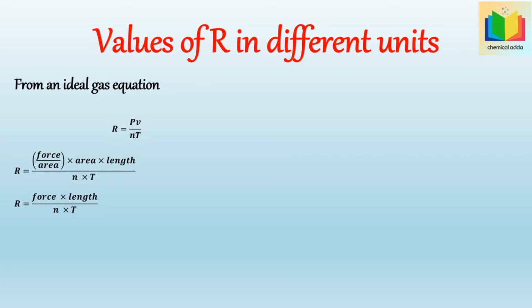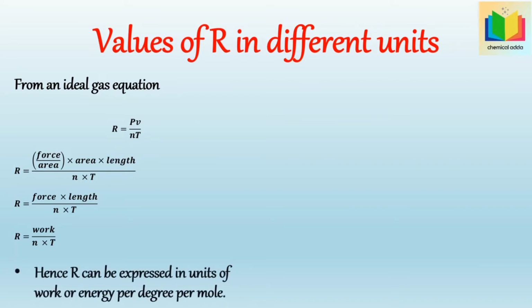As we know, force into length is nothing but work. Hence we can write R is equal to work divided by NT. So, R can be expressed in units of work or energy per degree per mole, while the actual value of R depends on the units of pressure and volume or energy.